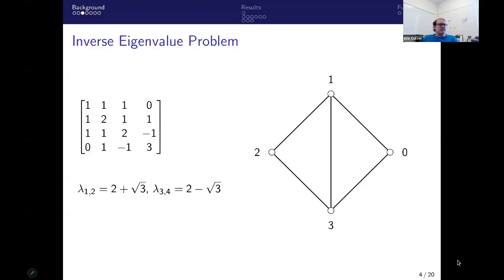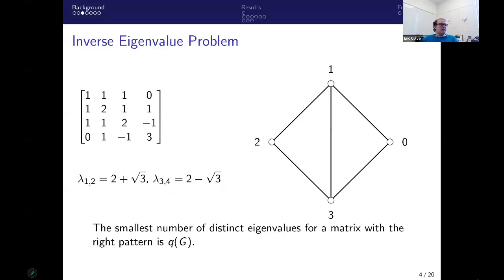And this, it turns out, is the smallest amount that you can do with this particular pattern. And for a particular graph G, the smallest number of distinct eigenvalues for a matrix with that pattern is called q(G). And so this is the value that I was looking at, this q(G).